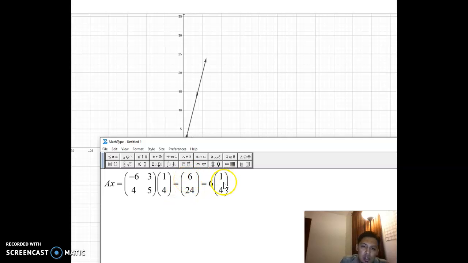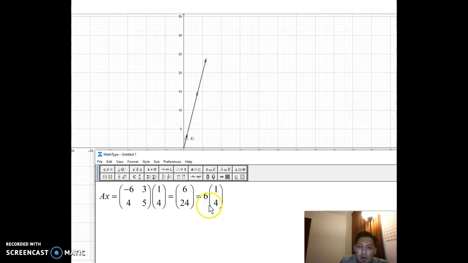So 6 times 1 you'll get 6, 6 times 4 you'll get 24. Basically this 4 here is the x, the eigenvector, and this 6 here is the eigenvalue. Graphically we can say that this 6 represents this length, which also indicates that this line is 6 times longer than the original line. So this is what eigenvector and eigenvalue are.